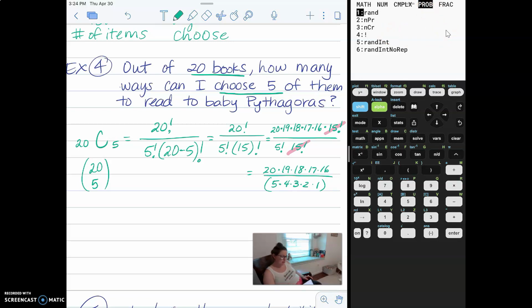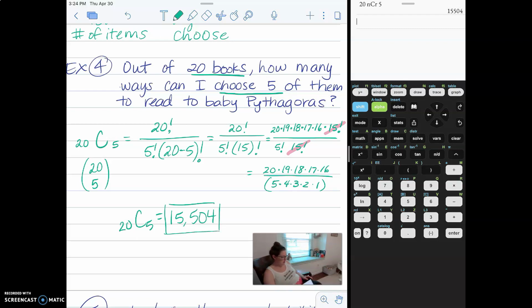See how it says nCr? Enter. So you type the 20, you type nCr, and then you type your smaller number, which was 5, and click enter. So 20 C 5, combination 5, is 15,504. That's a lot of different ways.